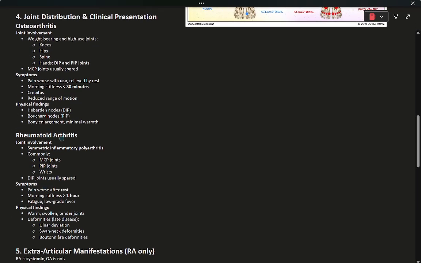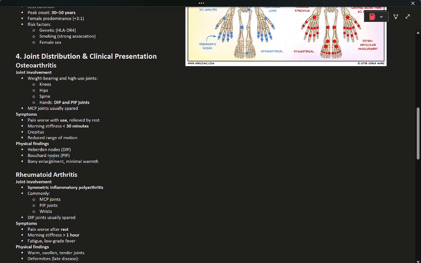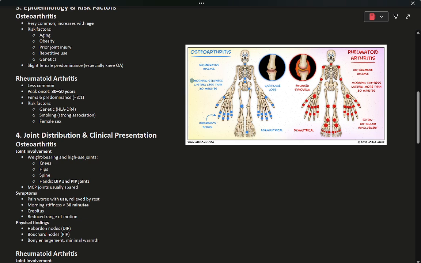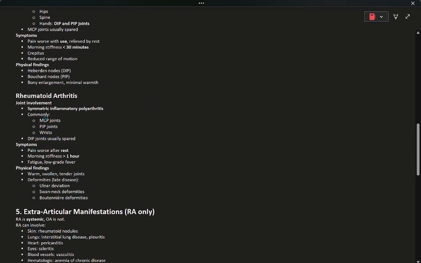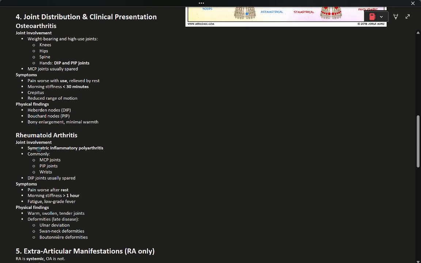Alright, for rheumatoid arthritis, the joint involvement is going to be more symmetric in nature, unlike in osteoarthritis. And then the characteristic of this involvement is that it is a symmetric inflammatory polyarthritis.